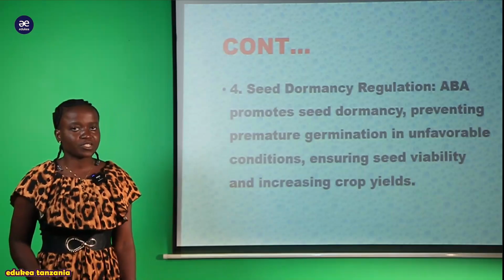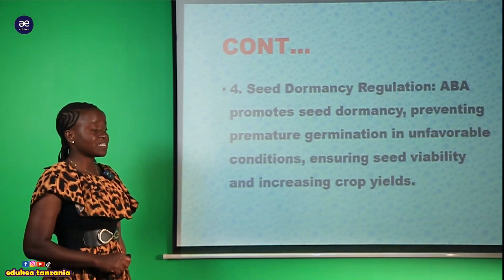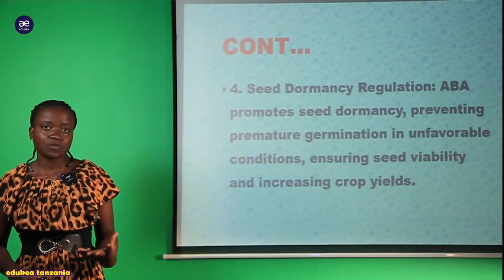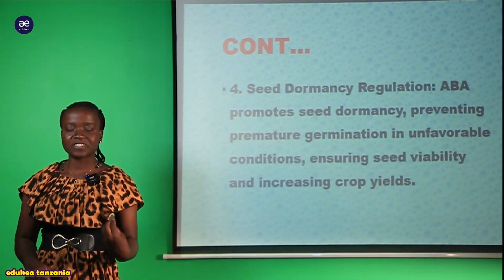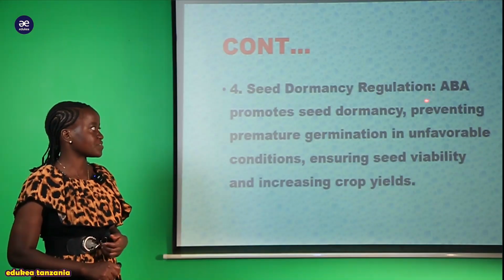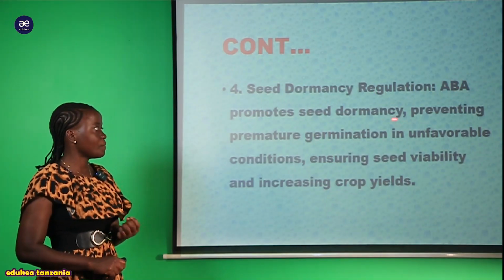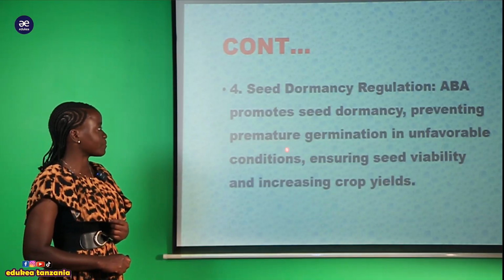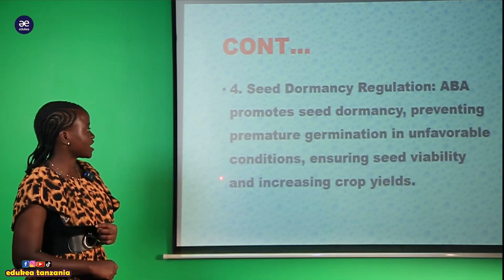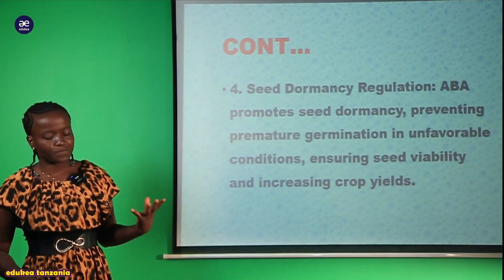And another function or another role in agriculture, we can say that seed dormancy regulation. Also this abscisic acid helps in the seed dormancy regulation. That is, ABA promotes seed dormancy by preventing premature germination in unfavorable condition, ensuring seed viability and increased crop yield.